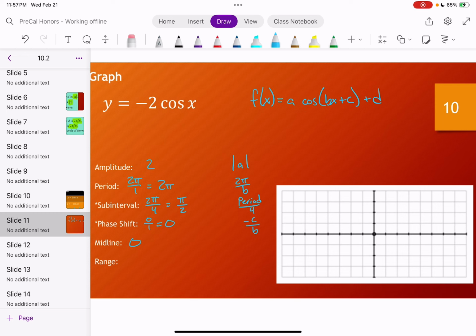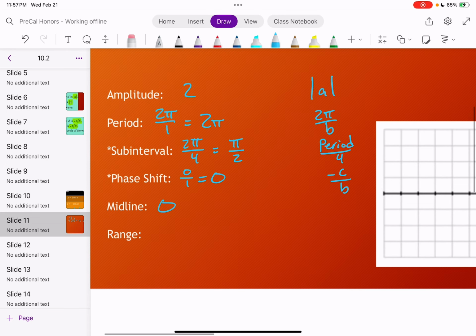And when we're looking at the range, the easiest way to get this answer would be to take a look at the midline. You will subtract your amplitude for the minimum, and add the amplitude to the midline for the maximum value. So this right here would be a range of -2 to +2.